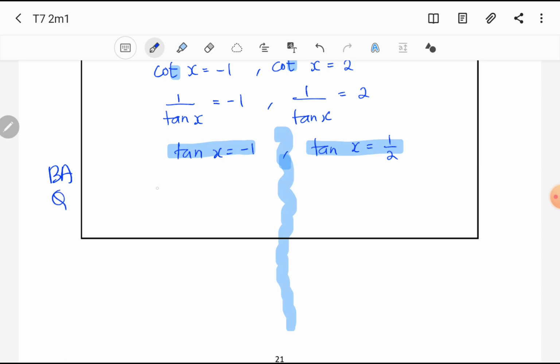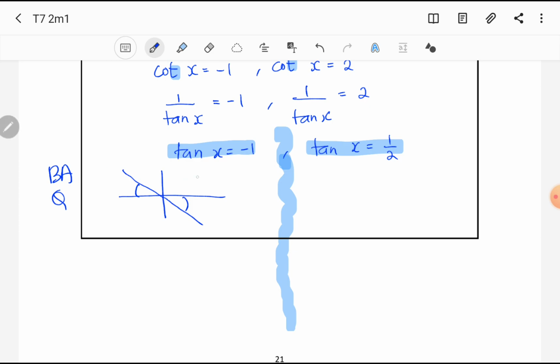BAQ. BAQ saya buat serentak. Okey. So kita akan buat okay, tangent negative on the second and fourth quadrant. Okey. Tandakan awak punya basic angle ataupun reference angle. So what is the basic angle? Okay.